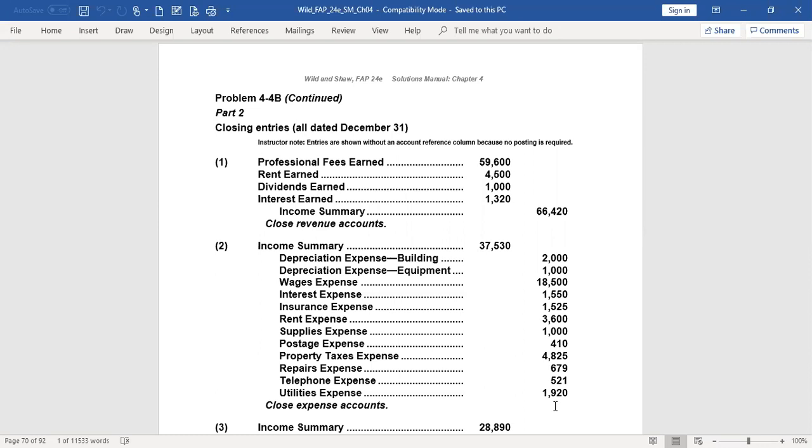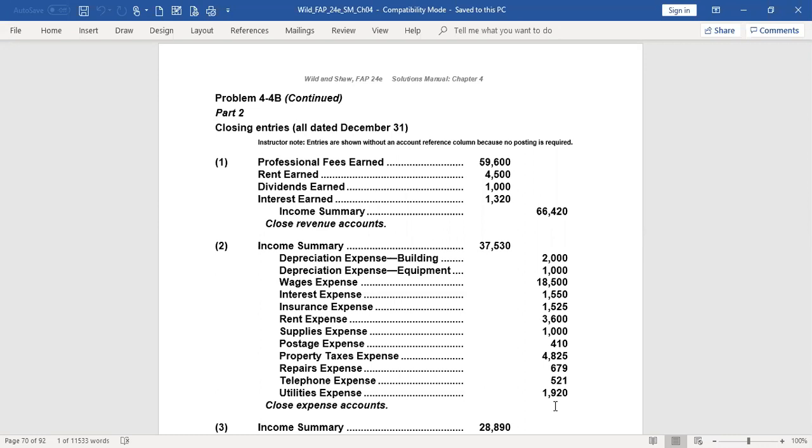The equipment depreciation expense, credit $1,000. Wage expense, credit $18,500. So each expense individually must be credited for its current balance. Add up all those credits, and that's how much you debit the income summary account for.